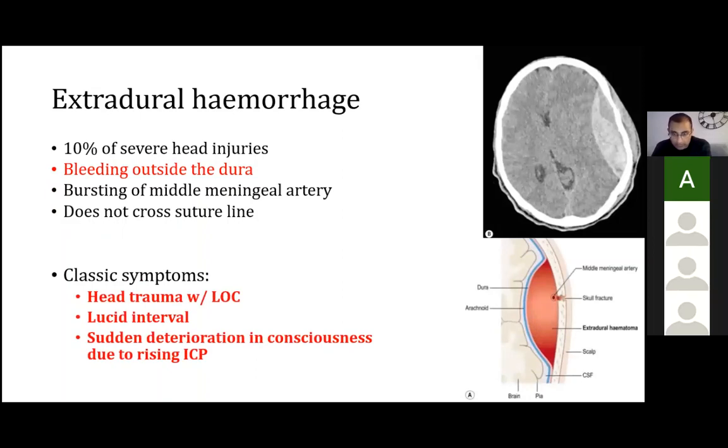And the classic symptoms are head injury with loss of consciousness, you get that lucid interval. Because it's an arterial injury, you get heavy arterial bleeding, and then suddenly the patient deteriorates because of the rising intracranial pressure. You get that lucid interval because, remember, I was talking earlier about that compensatory phase.